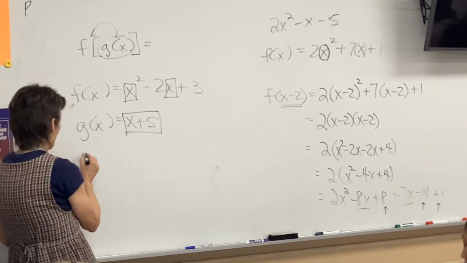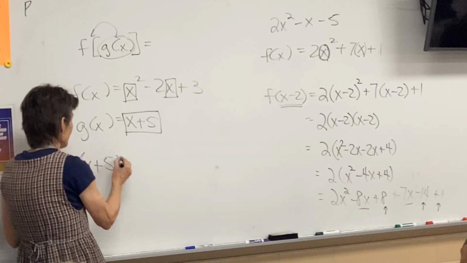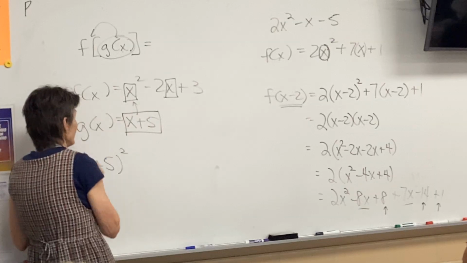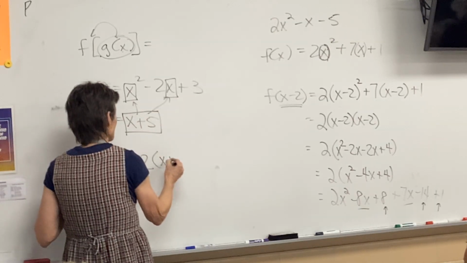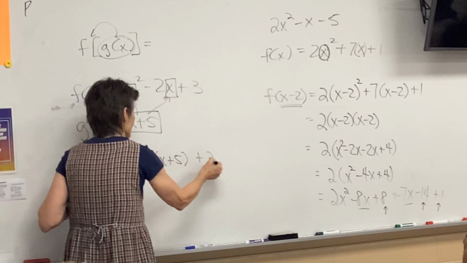So we're gonna have x plus 5 squared, I'm plugging this in right here, minus 2x plus 5 plus 3.